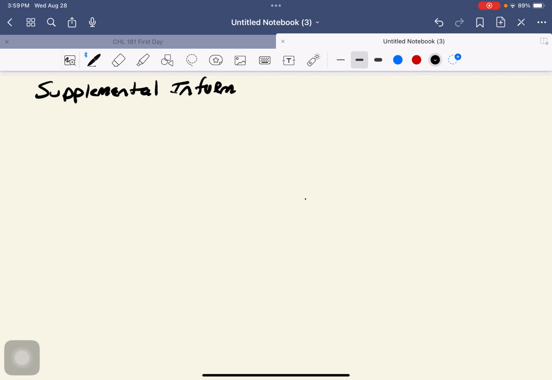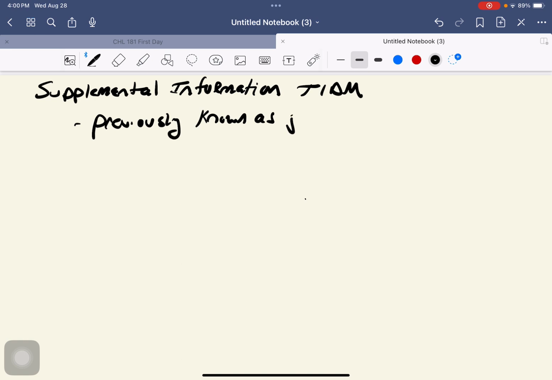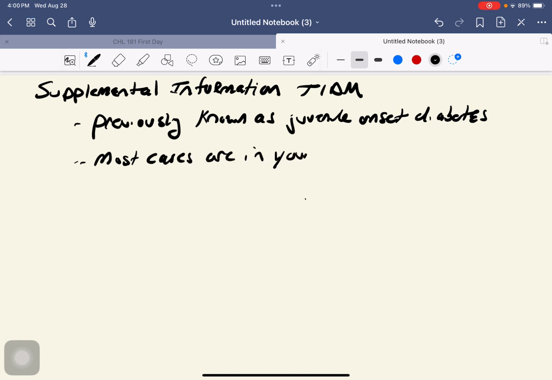information about type 1 diabetes mellitus. It was previously, and is still, known as juvenile onset diabetes. The reason it was juvenile onset is that most cases are in younger individuals.